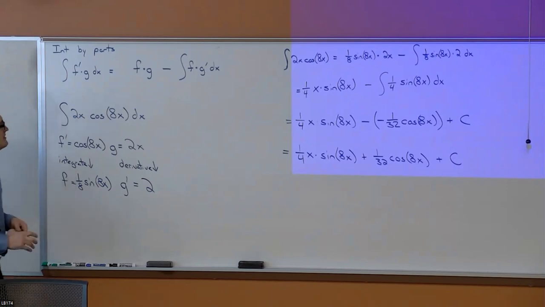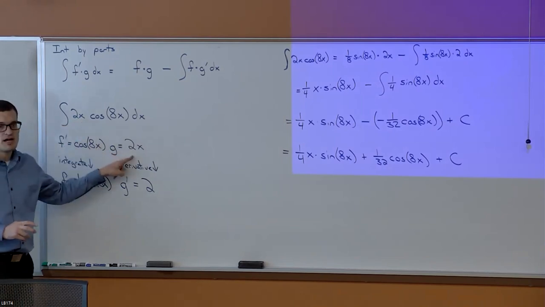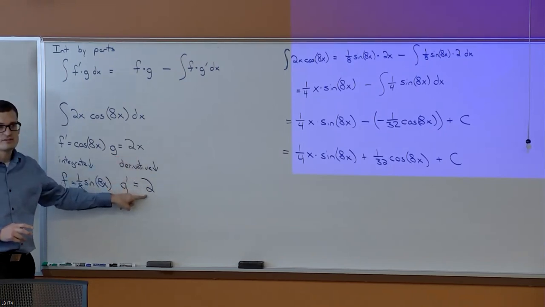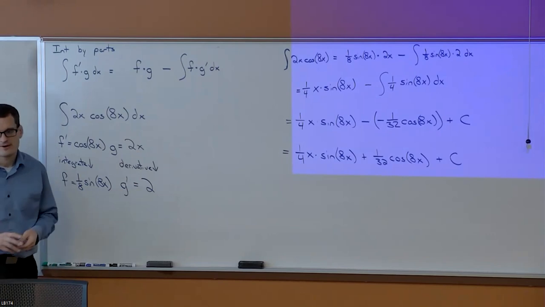Now, in both of these examples that I gave, our polynomial was a linear polynomial. And that was nice because when you take a derivative, it goes immediately into a constant. All right?